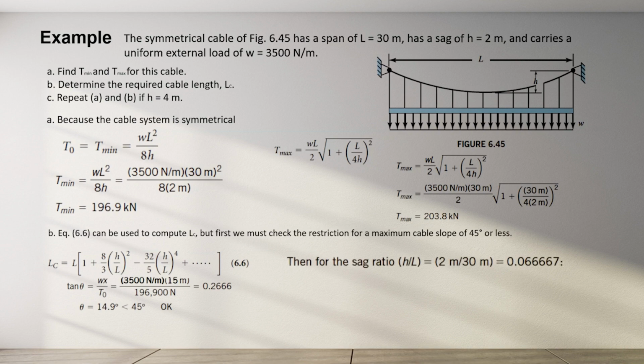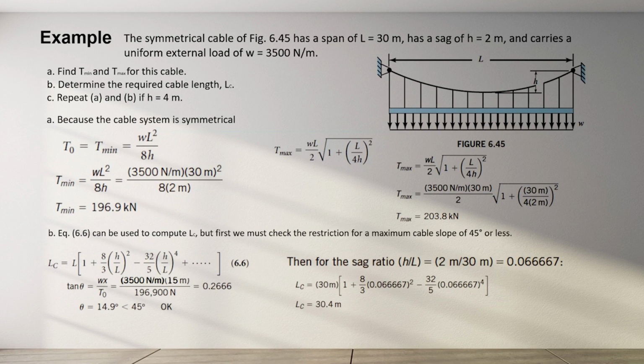Then we plug in our equation for the length of the cable. LC equals 30 meters times the quantity of 1 plus 8/3 times the square of 0.066667 minus 32 over 5 times 0.066667 to the 4th power.